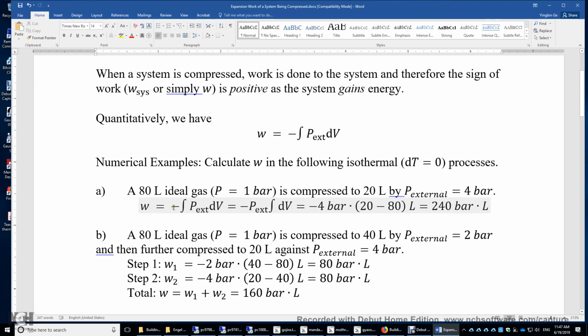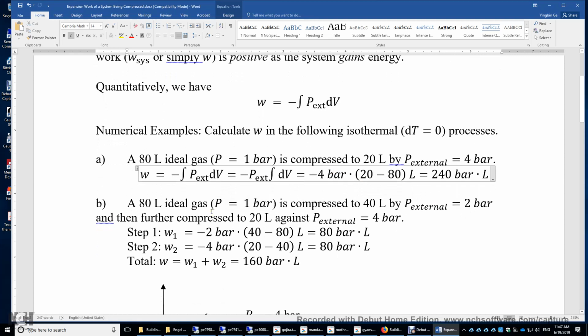Work equals negative integral P external dV, and P external is a constant, so we can take it out. It's 4 bars, and the final volume is 20, initial volume is 80, so we have 20 minus 80, the total will be 240 bar liter. And this is a positive number, as the surroundings do work to the system.